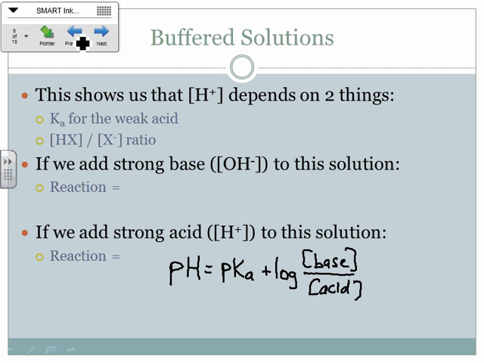Oh, they do the A minus over the HA. So another way you can write the base is A minus, and the general form of the acid is HA. You just need to know what that actually means. So there's your equation, Henderson-Hasselbalch, and this is a really important equation for buffer solutions.